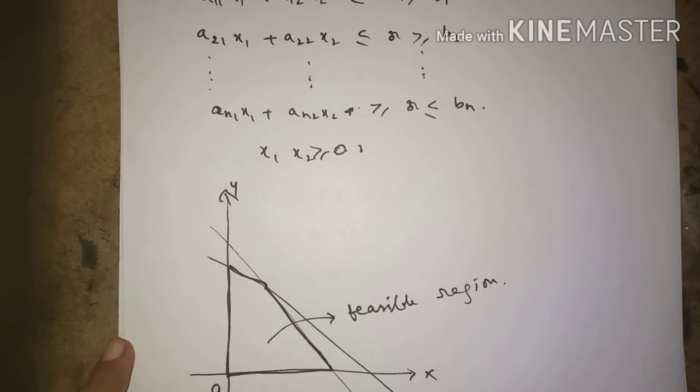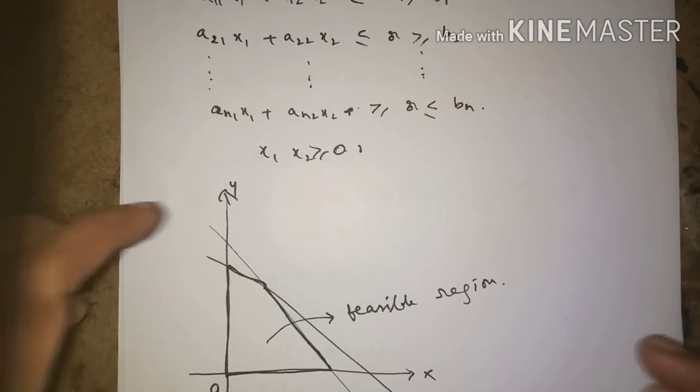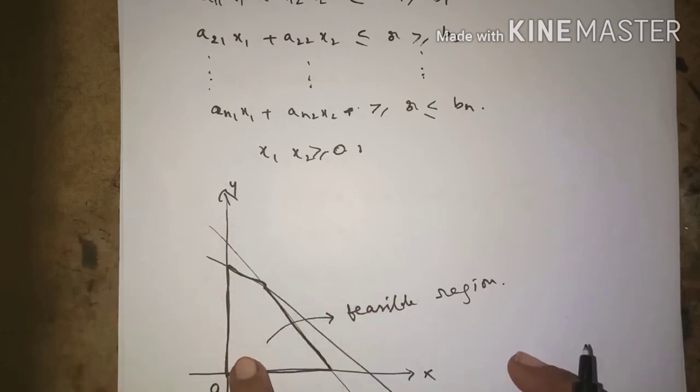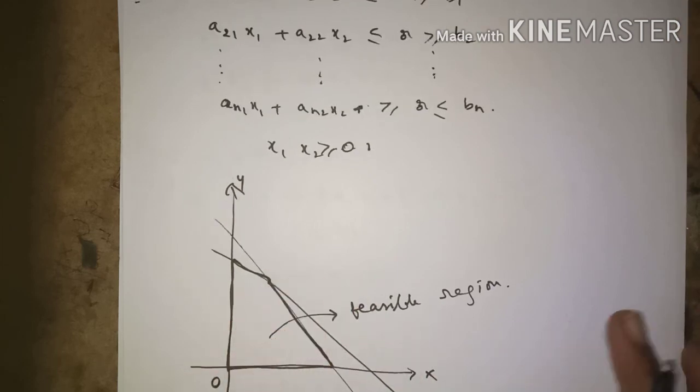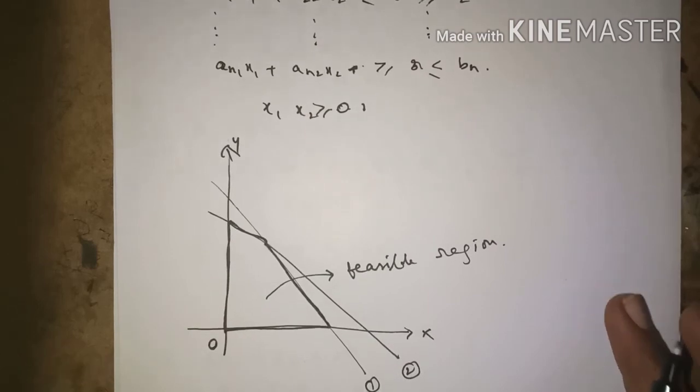Now one more important point: if such a feasible region does not exist, then what is the meaning of that? The LPP has no solution. If the feasible region does not exist, the meaning is that the LPP has no solution.